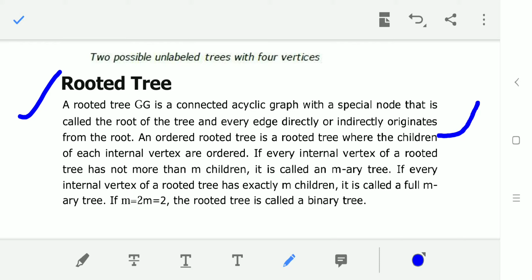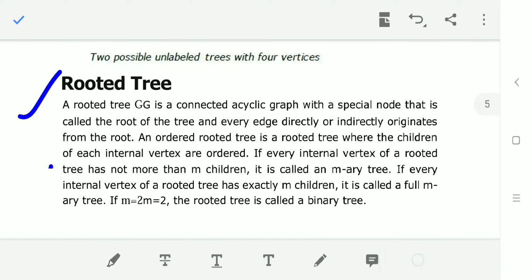If every internal vertex of a rooted tree has not more than m children, it is called an m-ary tree. If every internal vertex of a rooted tree has exactly m children, it is called a full m-ary tree. If m is equal to 2, the rooted tree is called a binary tree.